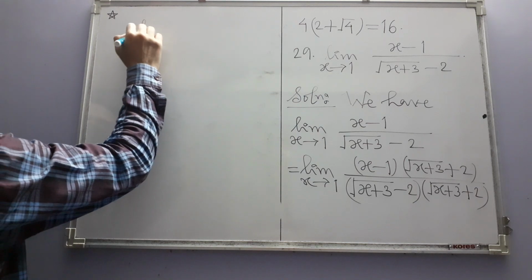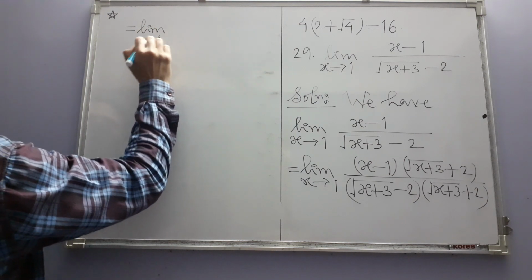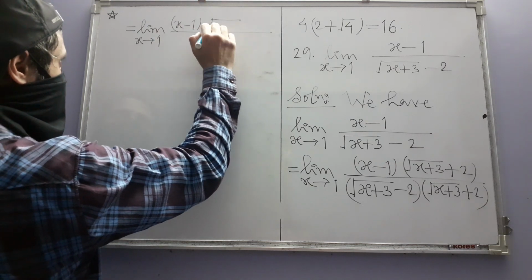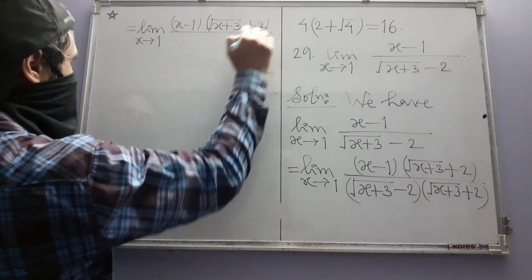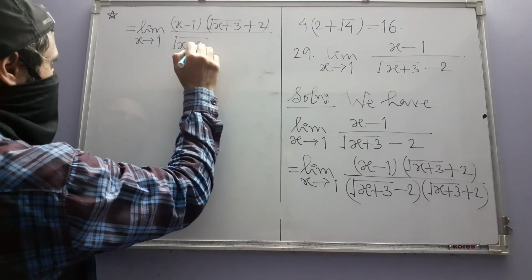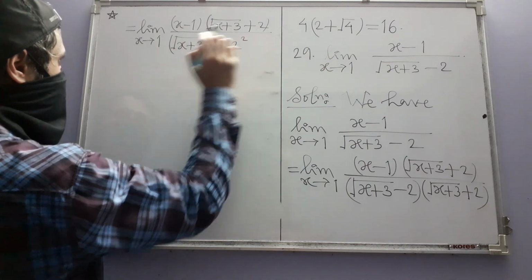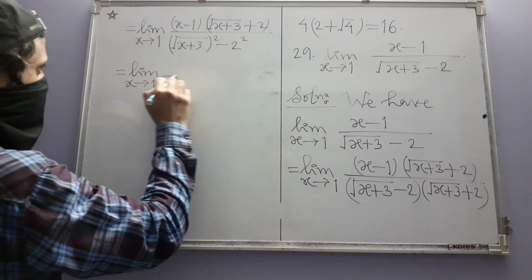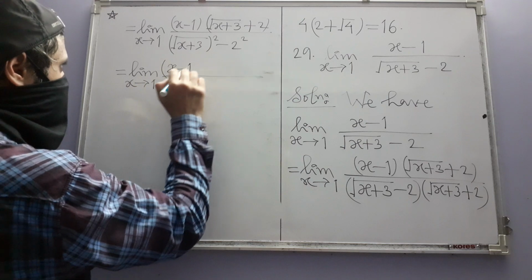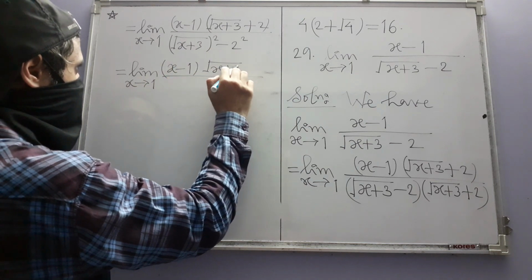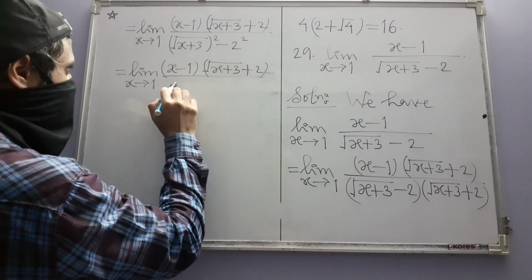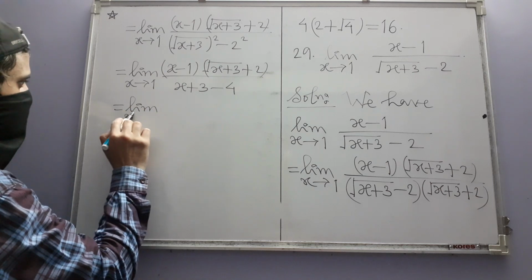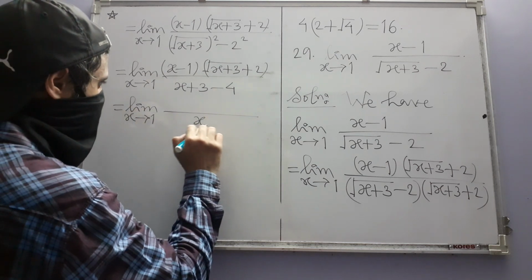Okay, so that would change the denominator. Let us first write the numerator, and it would change the denominator to this. x plus 3 minus 4, which is x minus 1.